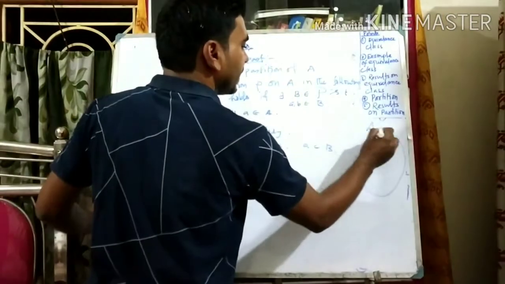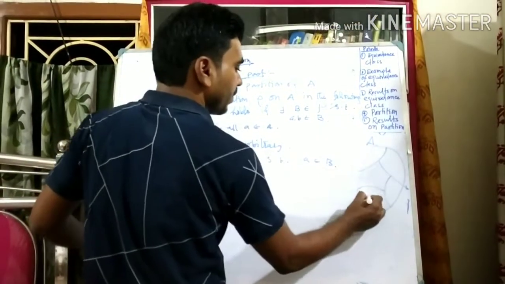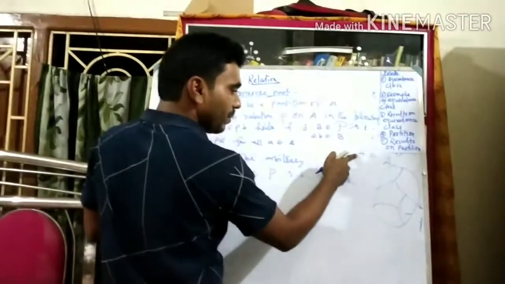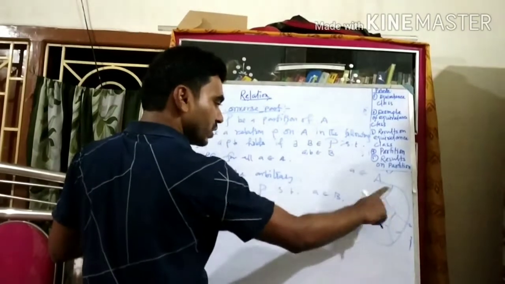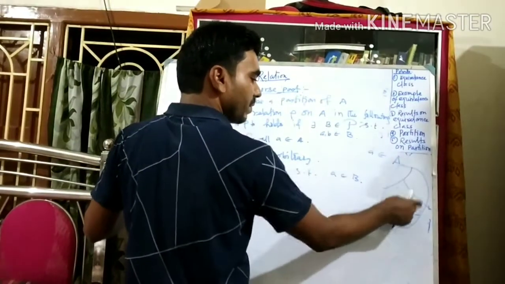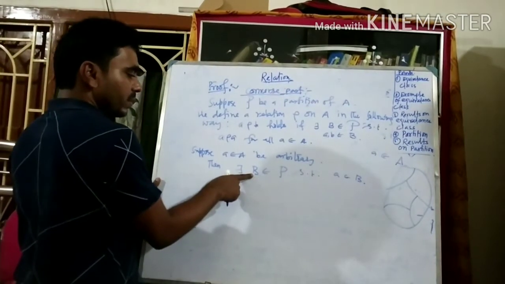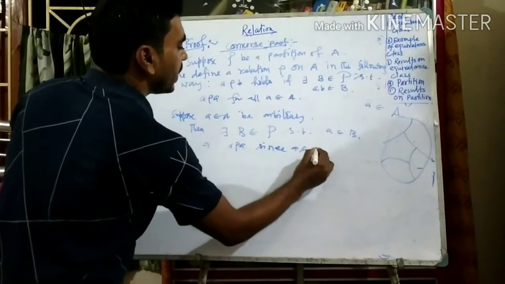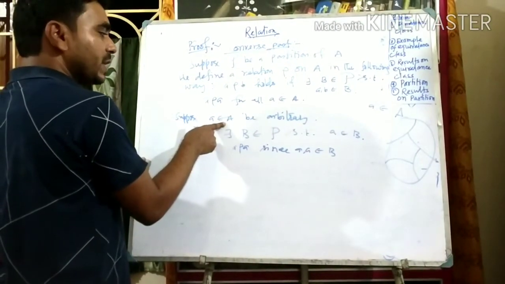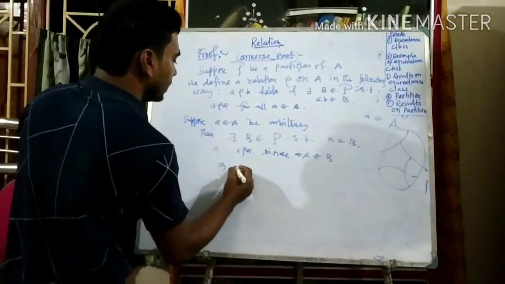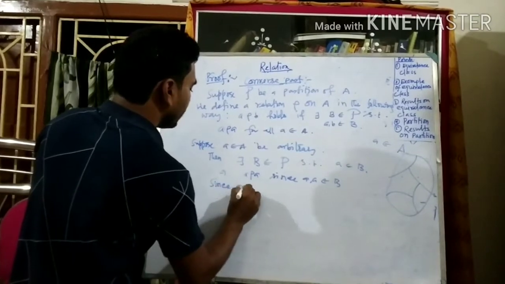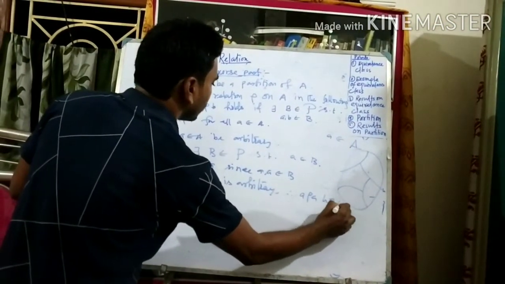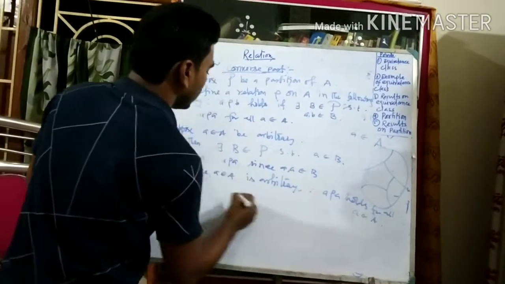Suppose this is my A, these are the elements of P, and since A belongs to A, that element must lie in some member of P. Okay, and we call that member B. Therefore A is related to A since A comma A belongs to B. And since A is an arbitrary element in A, this happens for all A belongs to A. Therefore A rho A holds for all A belongs to A. This implies rho is reflexive.